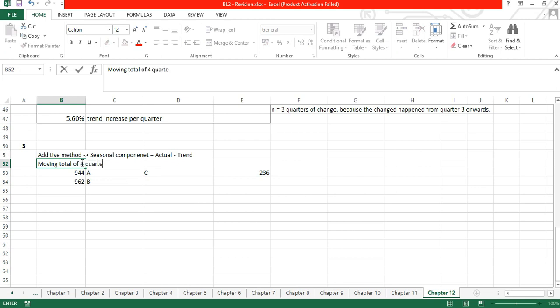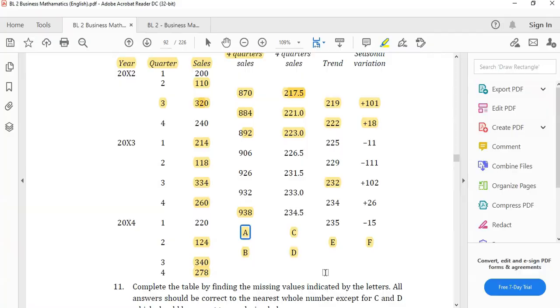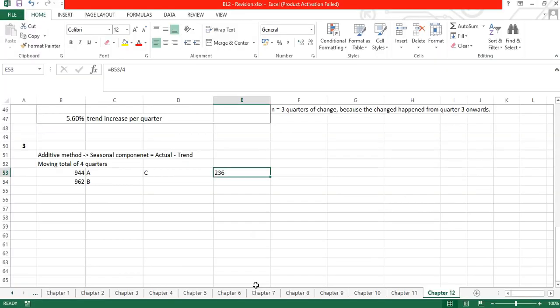Then the average of A is total divided by 4, which is C, because C is next to A, no? That's why we choose A. Then what letter is next to D? B is next to D. Therefore, D will be equal to B divided by 4.